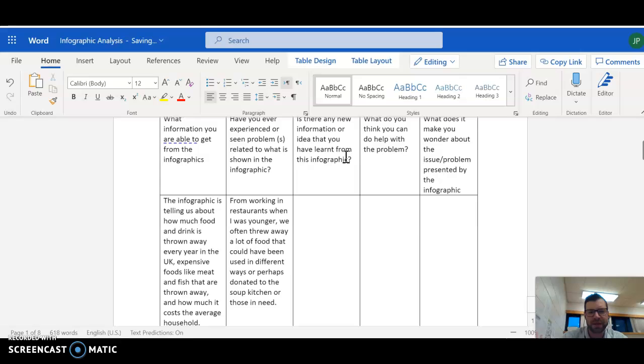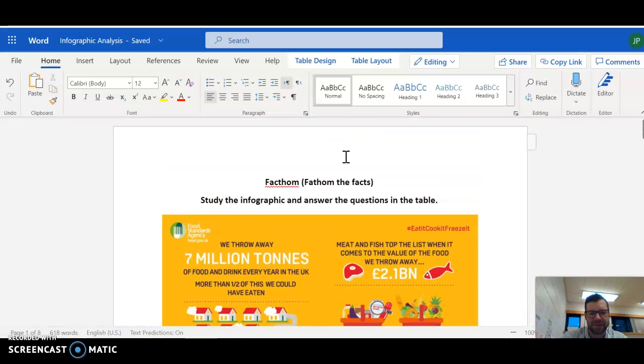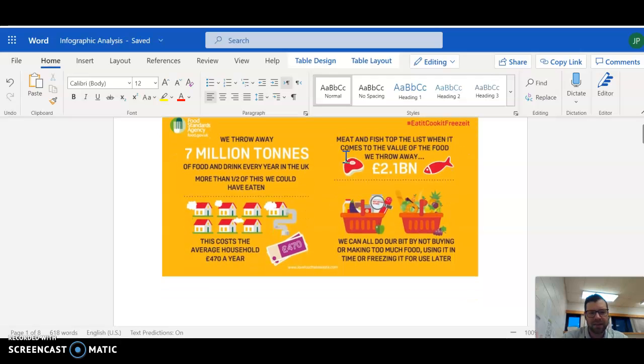Is there any new information or idea that you have learnt from this infographic? Not really here. Well, I guess I didn't really know that. I kind of figured meat and fish, things like that, would be the most expensive thing that we throw away because it's easily freezable.